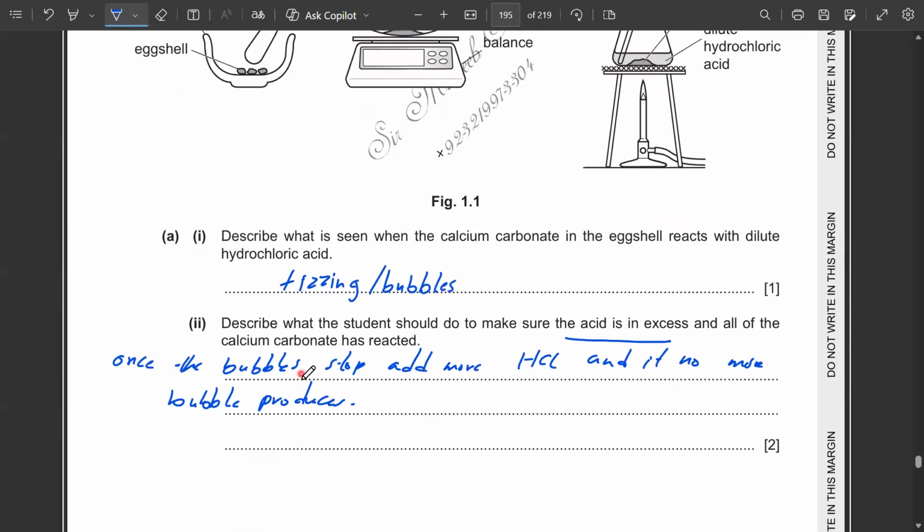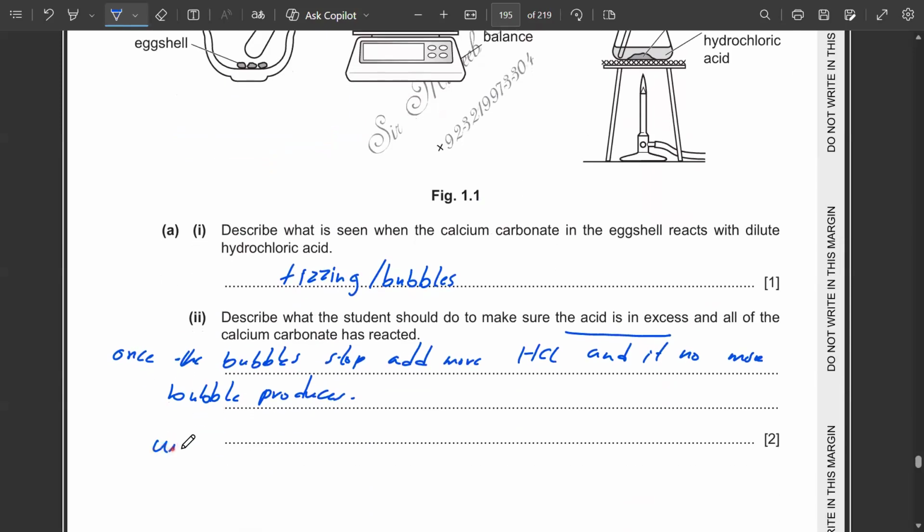So you can write here: universal indicator used, and red color given gives the confirmation that you have used the excess amount of the acid.